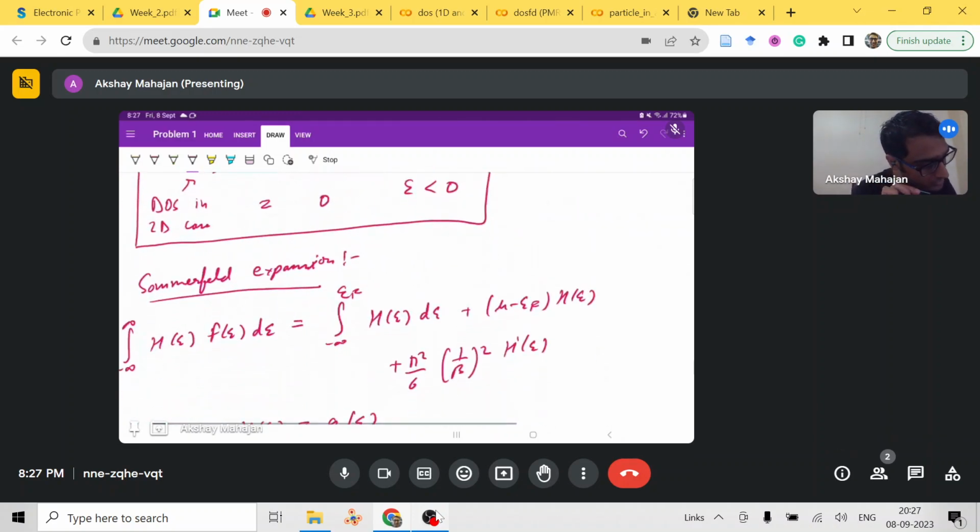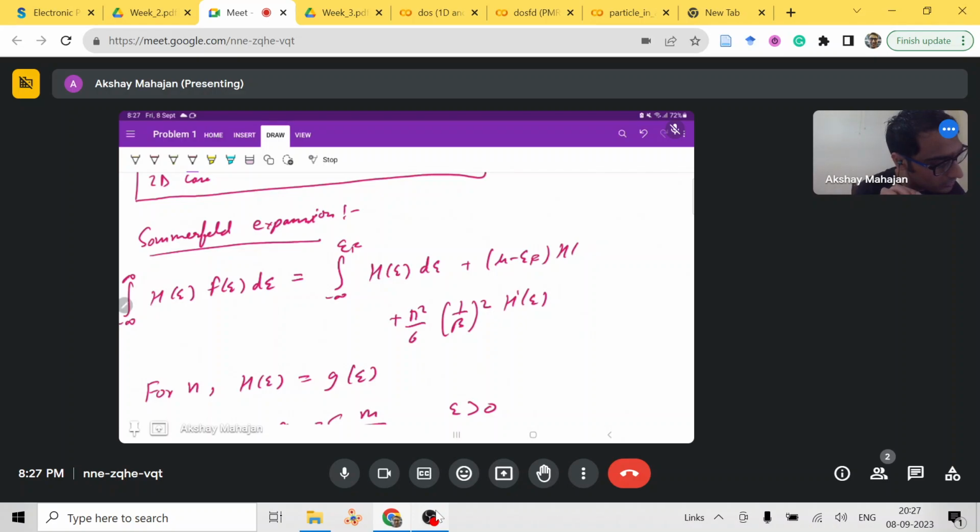Okay, this is h of epsilon of f. One minute. This is h of epsilon of f, and this is also h of epsilon of f. H is the integration of epsilon minus h of epsilon of f, h prime of epsilon of f. Yeah, sorry about that.